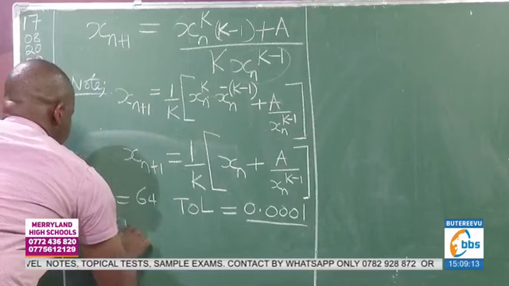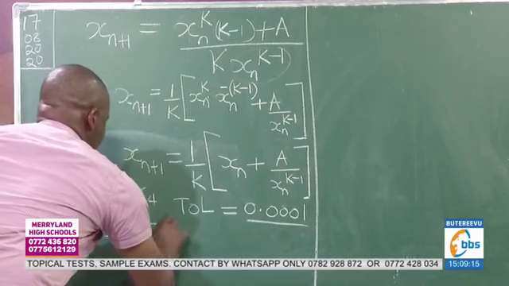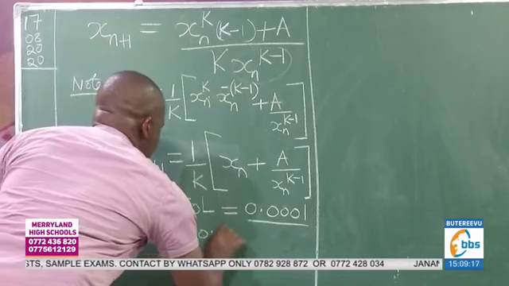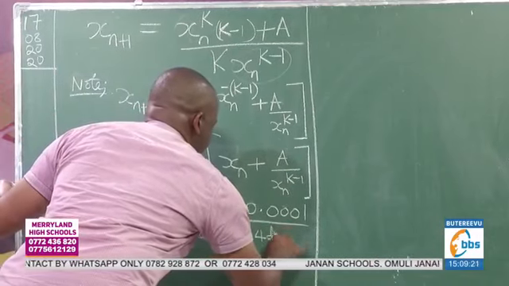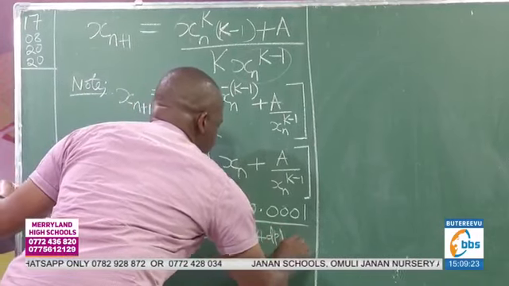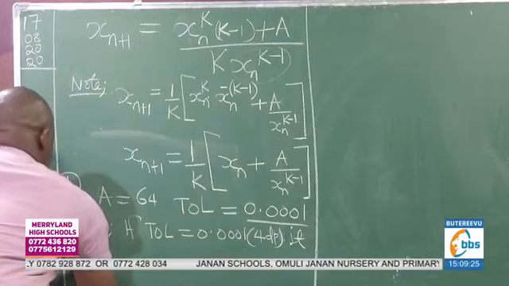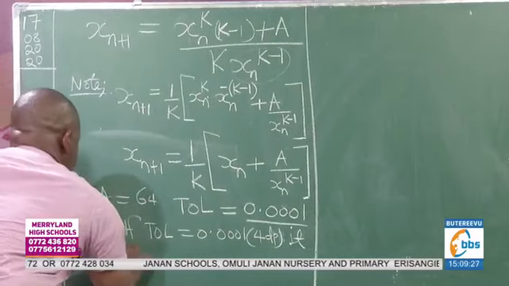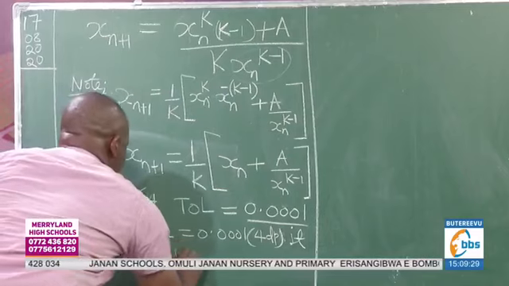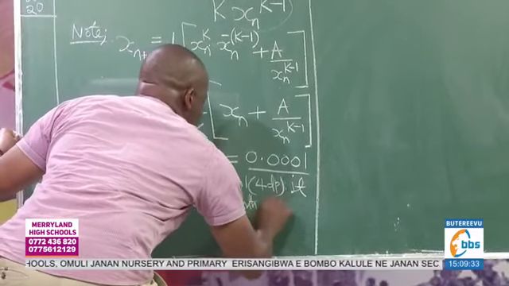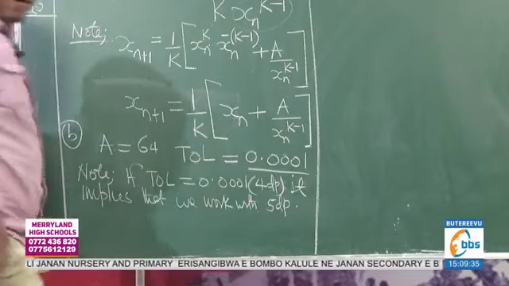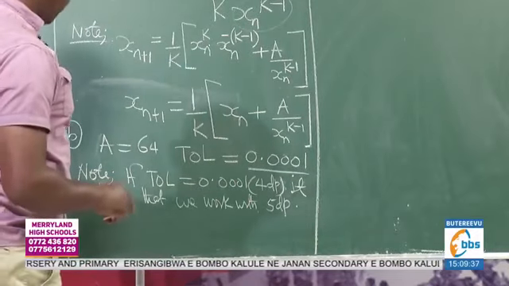Note that if our TL is 0.0001, which is 4 DPs, it is important for you to note that we work with 5 DPs so that we round off our answer at the very end.